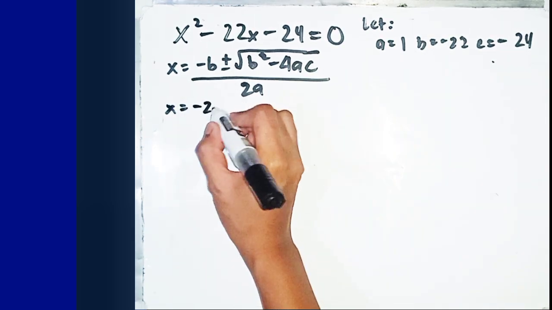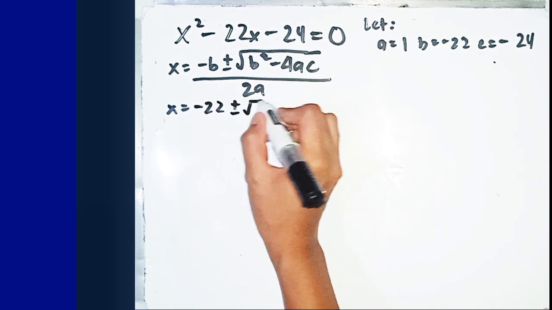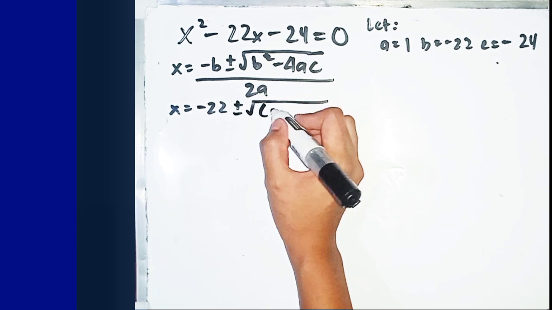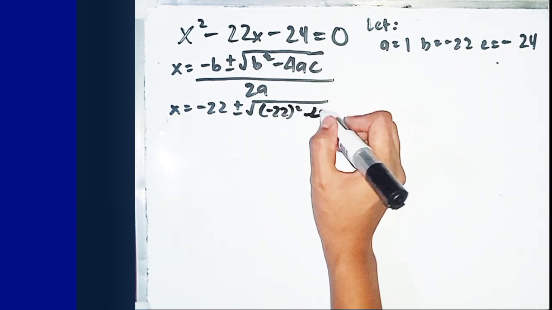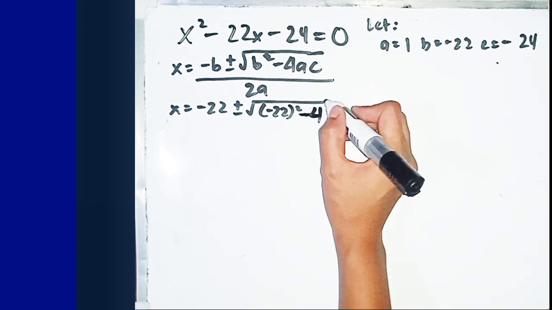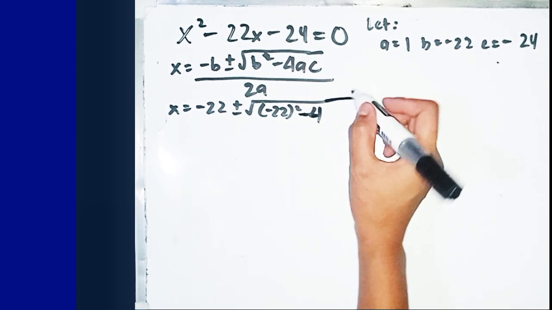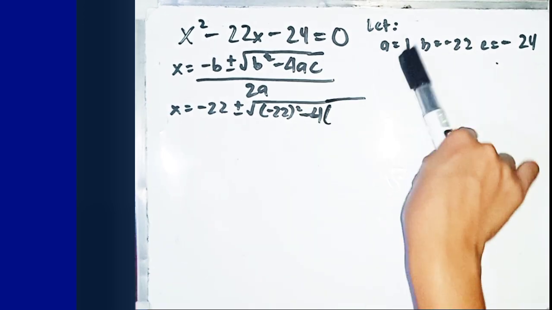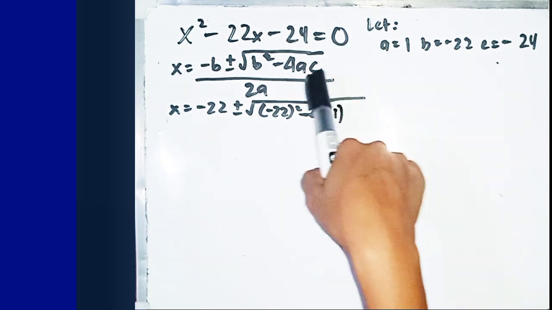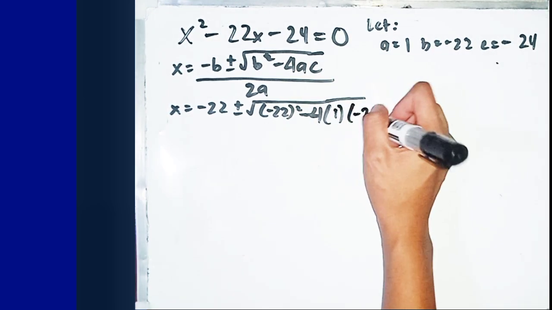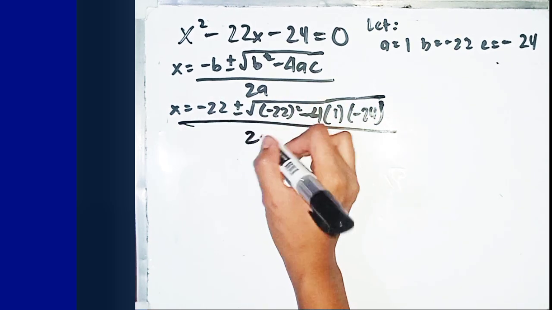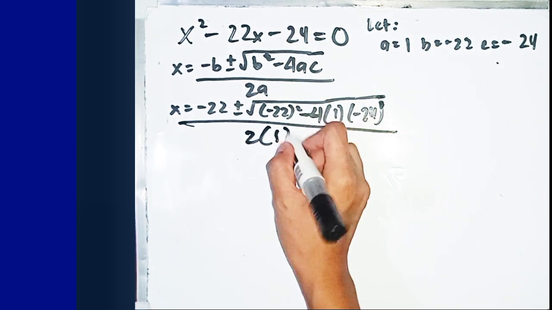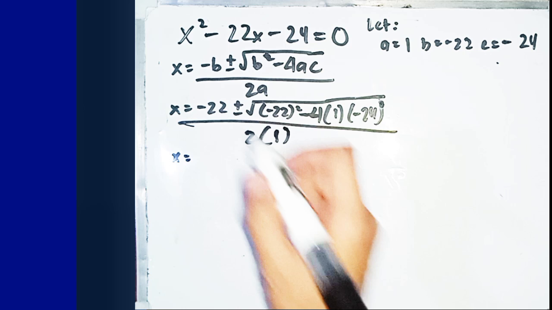So we'll be substituting the a, b, and c in the formula. Okay, so b squared would be negative 22 squared, and 4a would be 4 times 1, and c would be negative 24. Okay, and 2a, a would be 1.